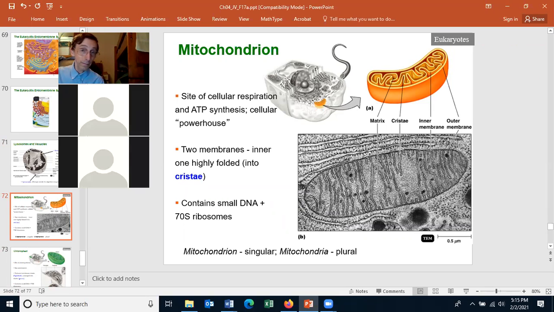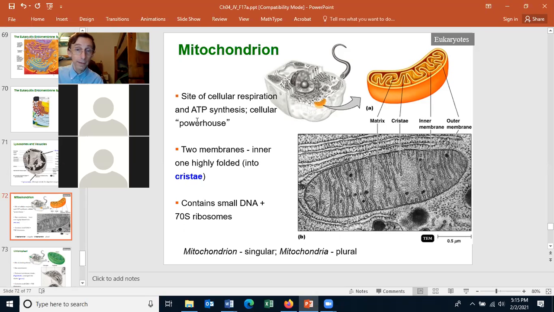Mitochondrion is singular, mitochondria is plural. It's the site of cellular respiration where the cell makes the majority of its ATP. So it's called the cellular powerhouse because ATP is the molecule that the cell uses most of the time when it needs energy.